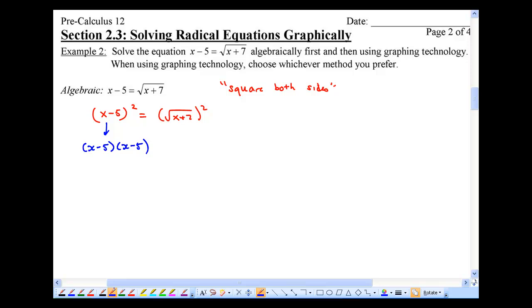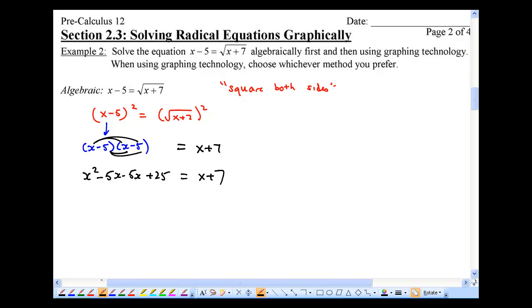Because once they write it out like that, they know they need to now expand or FOIL, whatever you call it. And that's what you get on the left side. On the right hand side, the square root and the square just cancel out, so we get this.